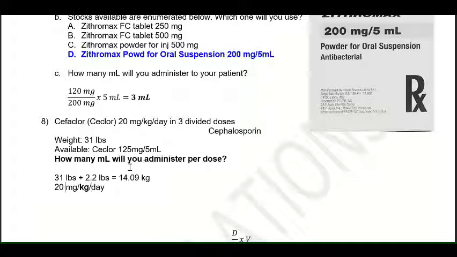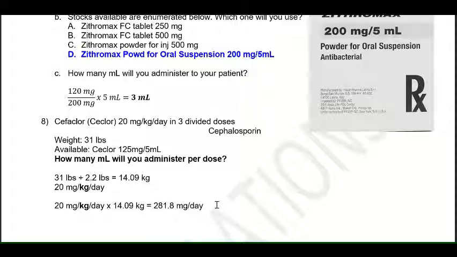So I've got 20 milligram per kilogram per day. Let's copy that. And then we know that the patient is 14.09 kilograms. Do the math. 14.09 kilograms times 20 will give you 281.8 milligram per day.